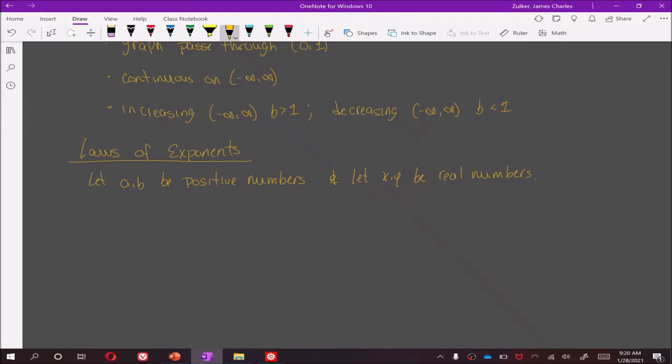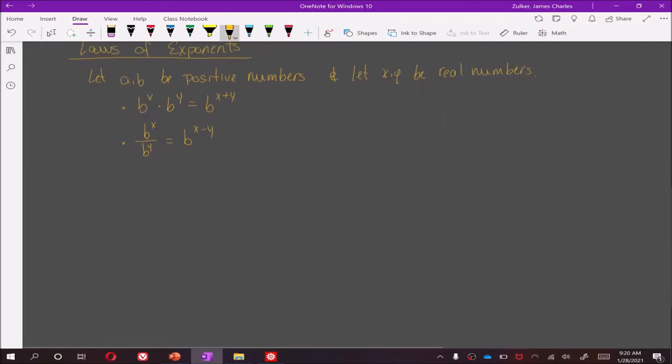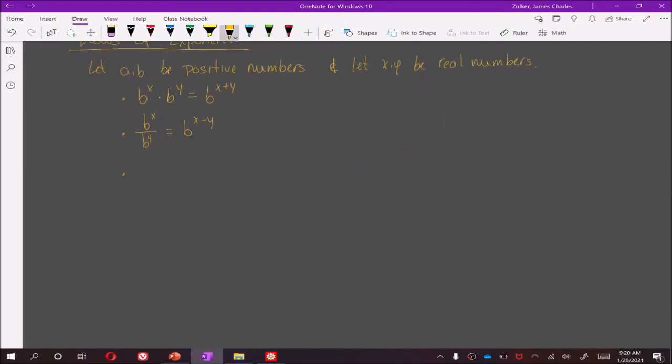Then the following are true. b to the x times b to the y is b to the x plus y. b to the x over b to the y is b to the x minus y. b to the x to the y is b to the x times y. a times b to the x is a to the x times b to the x. And a over b to the x is a to the x over b to the x.